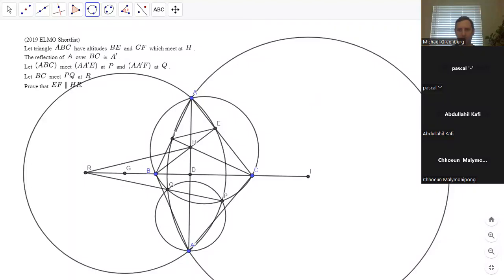No. So this feels a little bit like projective geometry. HR is tangent to BHC. Okay. It is sufficient. Oh, and BHA prime C is cyclic.